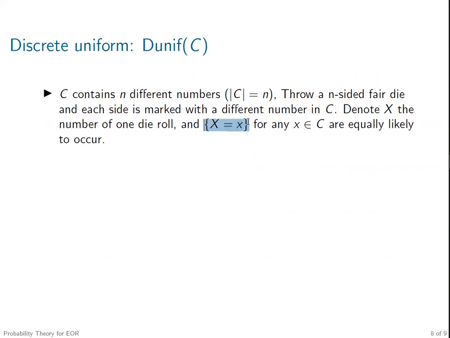Apparently, the event x equal to small x, for any small x from C, are all equally likely to occur. Then we say the distribution of random variable x is the discrete uniform distribution with support equal to C. Or we say x follows the discrete uniform distribution with support set C.